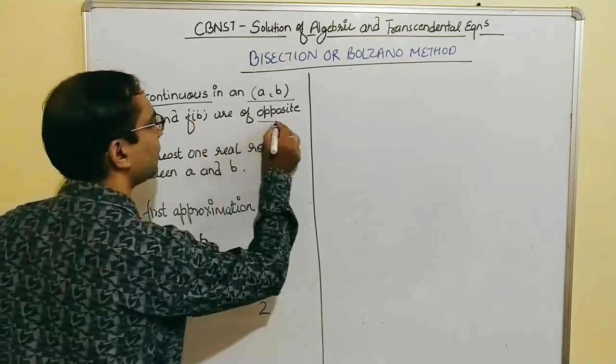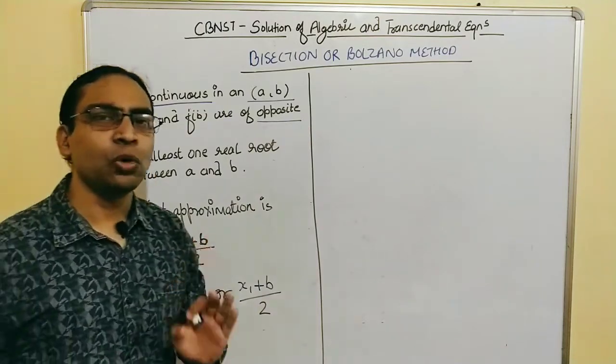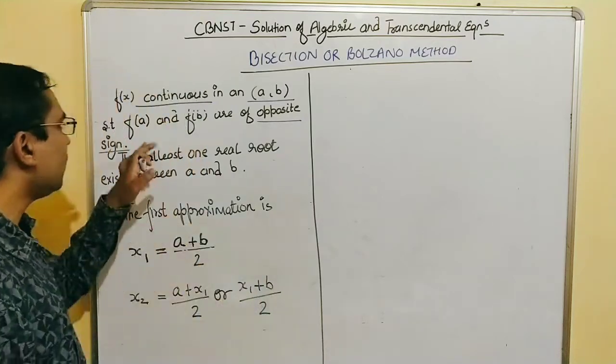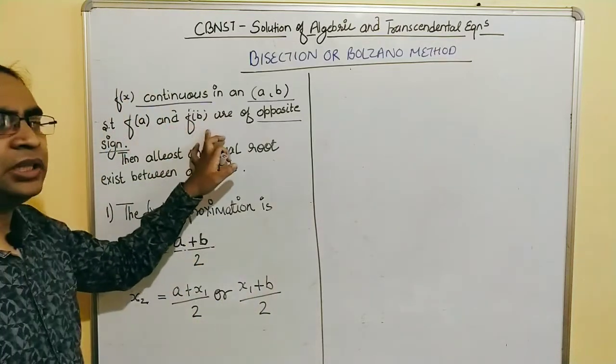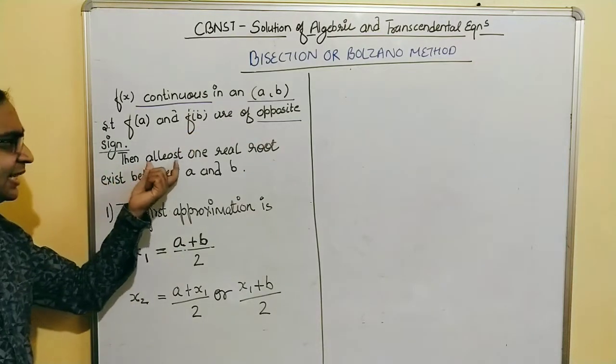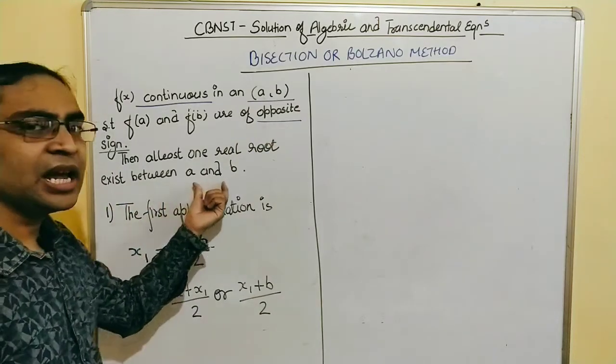That means the value of the function at both the ends are of opposite sign. If f(a) is positive, then f(b) has to be negative, or vice versa. Then at least one real root will exist between a and b.